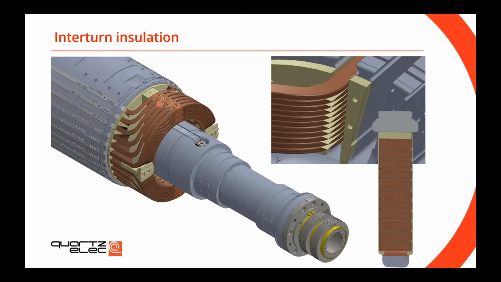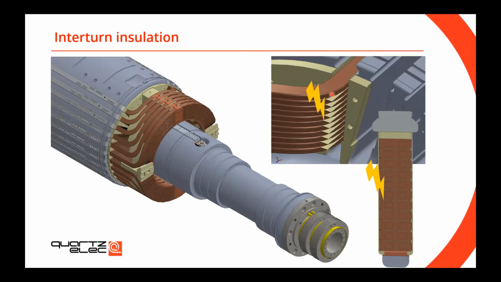Retaining rings already removed and end winding exposed. And what you see here is the interturn insulation sitting in between two adjacent copper turns. What we need to really remember here is that interturn insulation is very thin. It's usually around 0.5 of a millimeter.